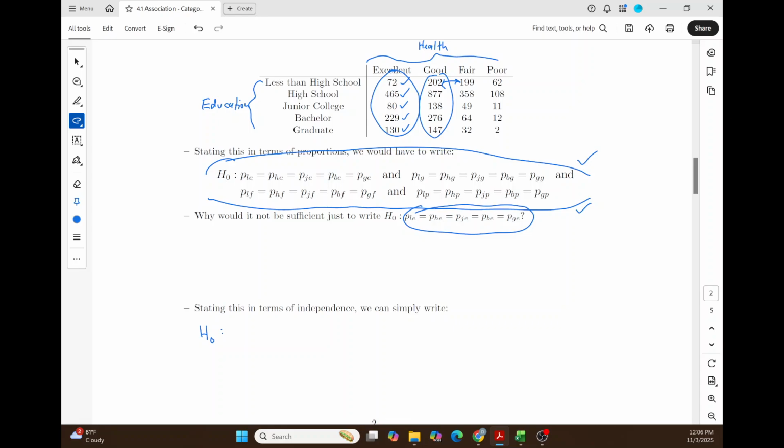So the null hypothesis would be that education and health are independent. It's worth noting that the null hypothesis is always that the variables are independent. The alternative hypothesis would be that education and health are dependent.